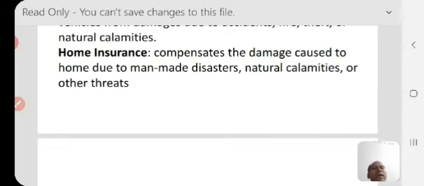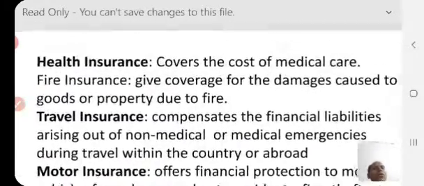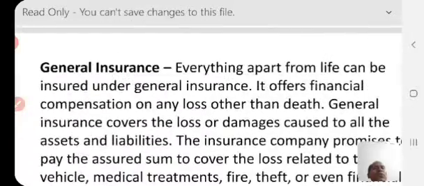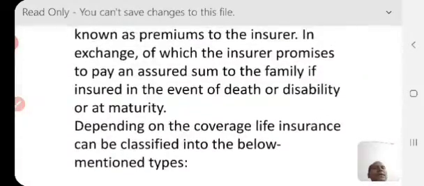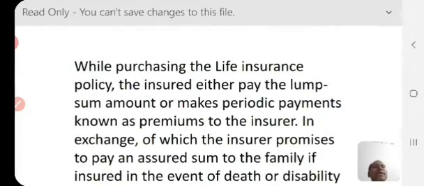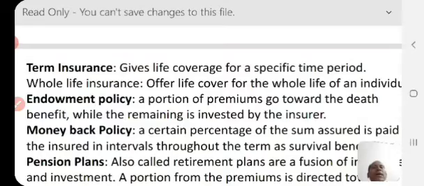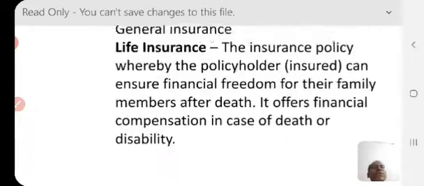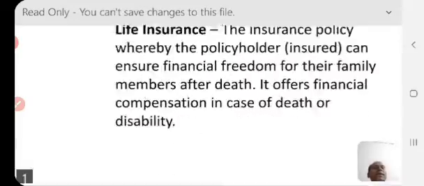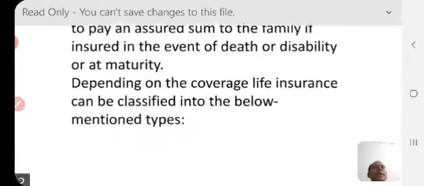Nowadays, it has also become a common phenomenon for every house owner. So today in this class, some two principles and the types of insurance are covered. Insurance is broadly classified into two categories: life insurance and general insurance.